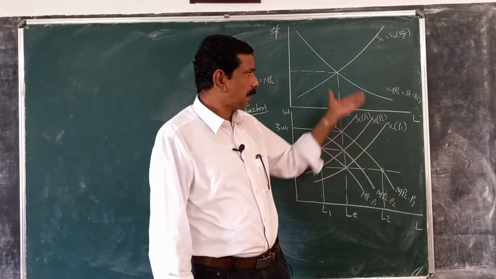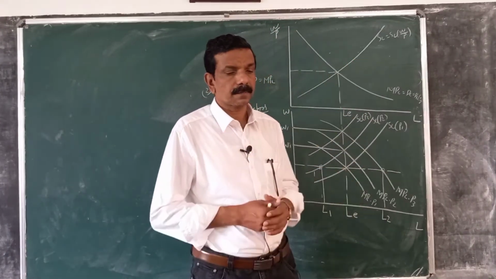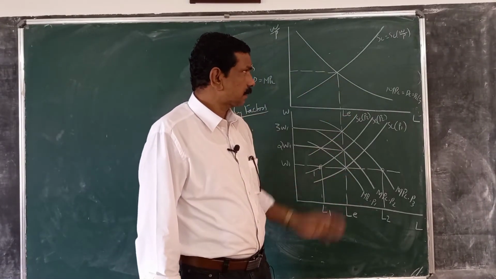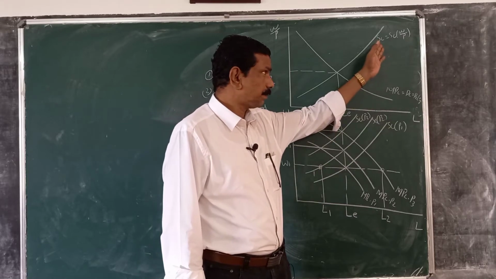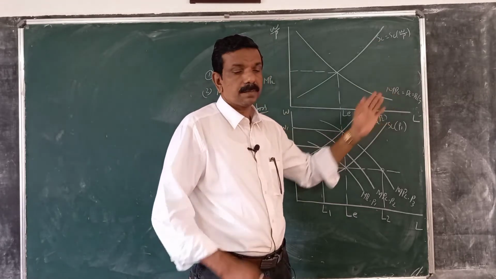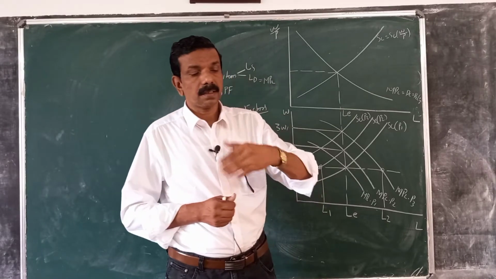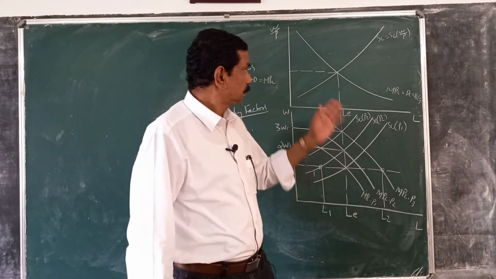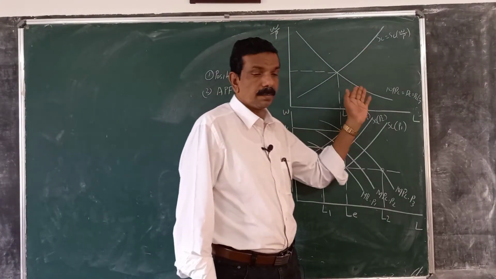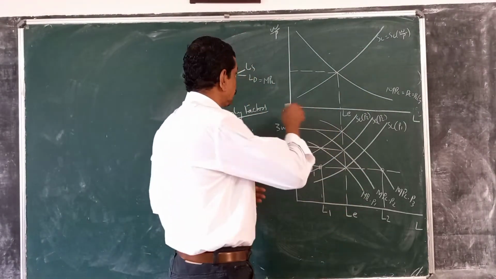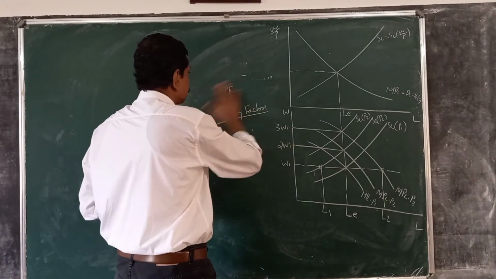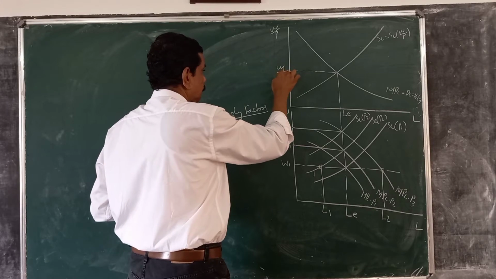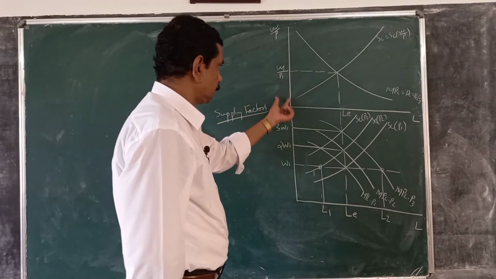Now, as given in this figure, part A reproduces the supply of labor and demand for labor curves which we have derived earlier, where these are determined by W by P. So it is W1 by P1.